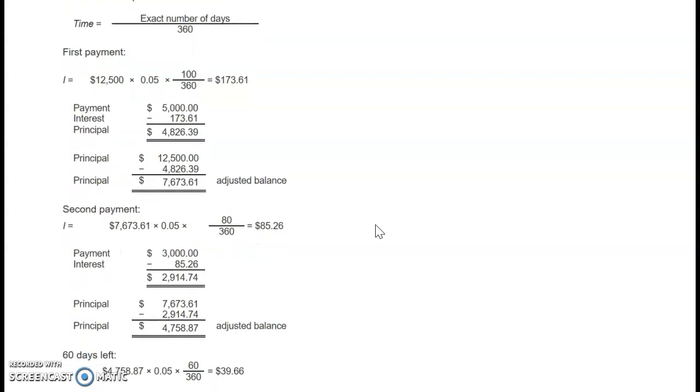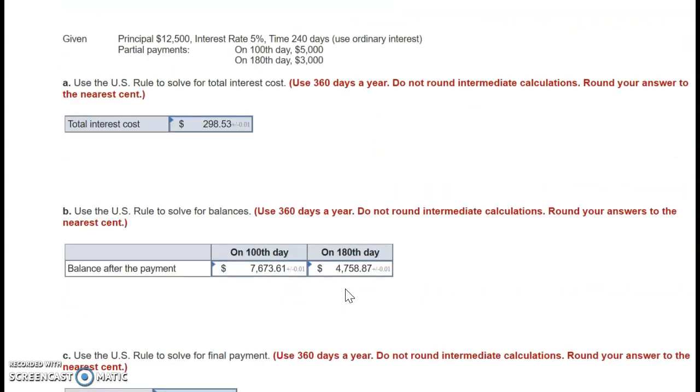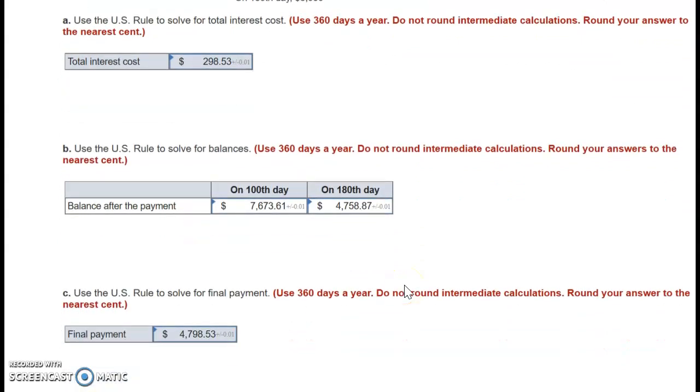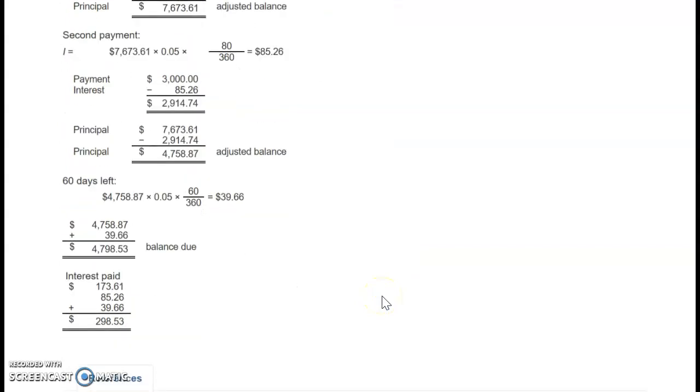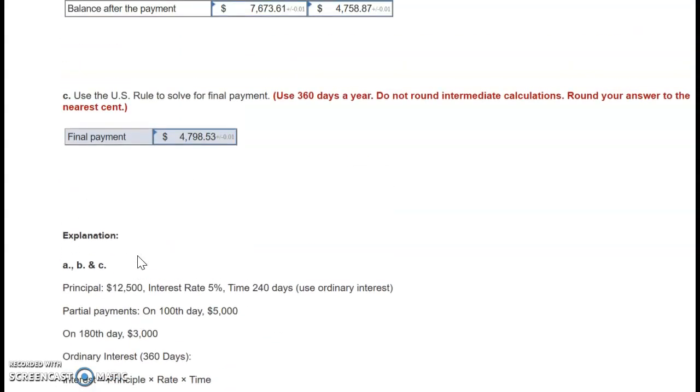Then the adjusted balance after 80 more days is 47.58.87. Okay? And then our final payment, remember, we took that adjusted balance, we calculated interest on the last 60 days of the loan, added those together, and that gives us our balance due, $47.98.53.